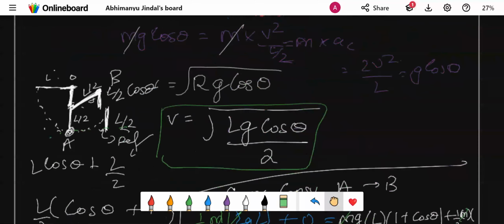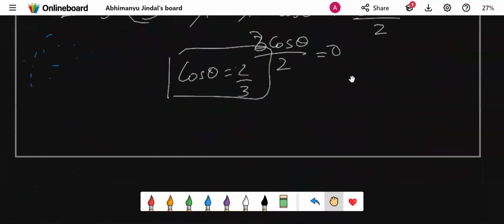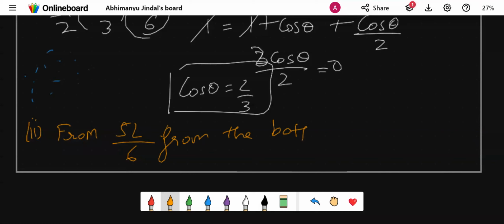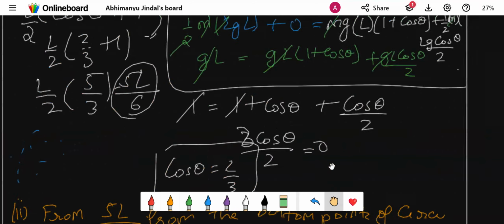So the answer to part 2 is 5L by 6 from the bottom point of circular motion, basically this one.